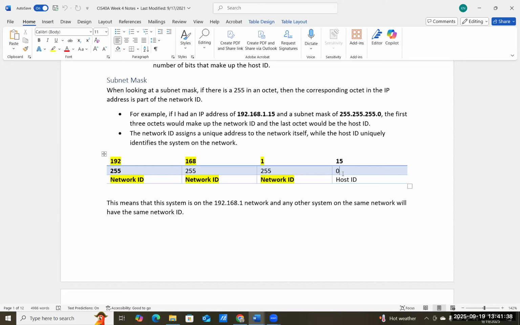If I have another computer, that will be a .16, a .17, so it would be a different number at the end for the host ID. Any questions? So it uses the subnet mask like a zip code, and it uses the host ID to find the individual house on that street.